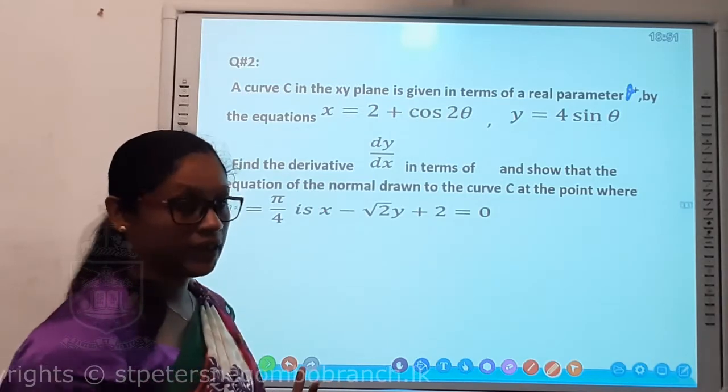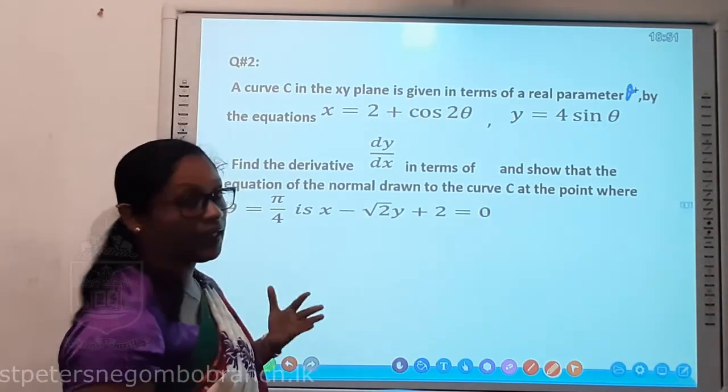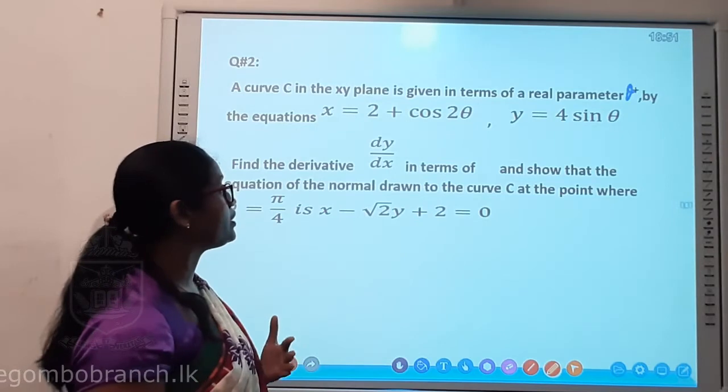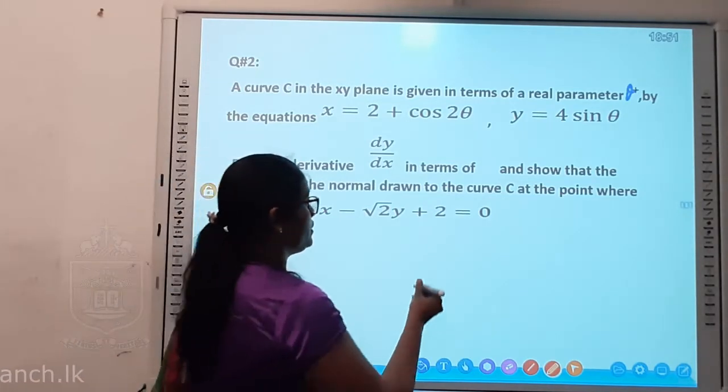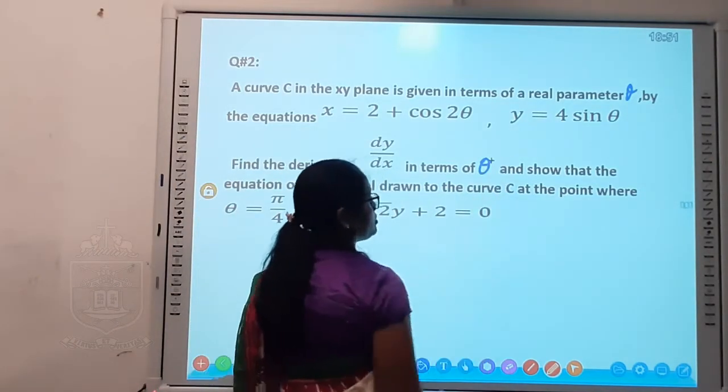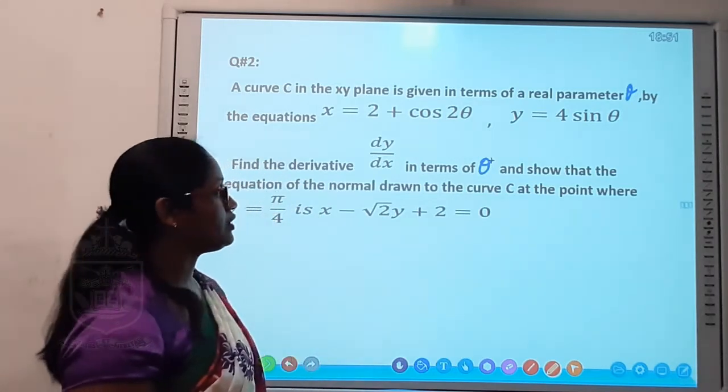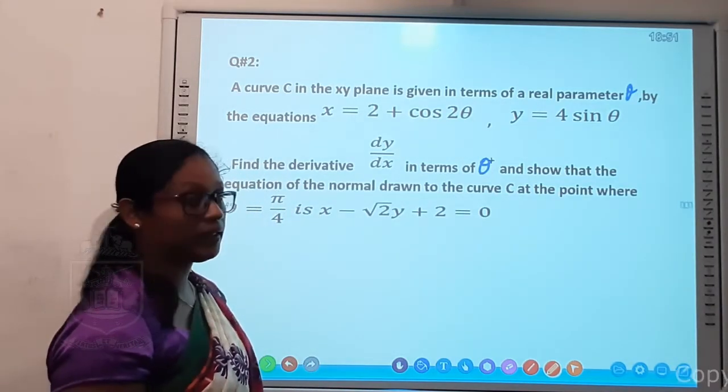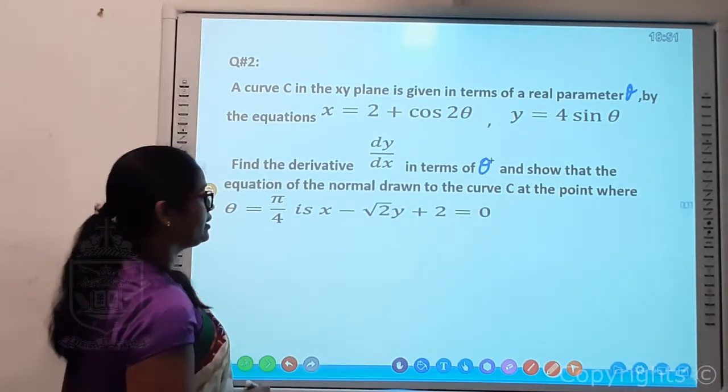These are the parametric equations. But first we want to find dy over dx in terms of theta. So first of all, we will do that and we'll come back to the question again.